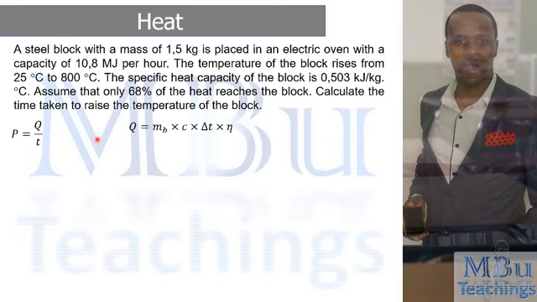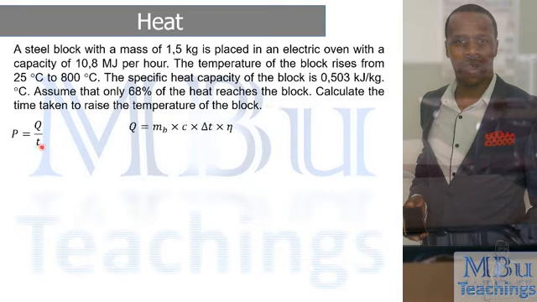Then let's move to, remember, what we want is the temperature. So since we want temperature, we know that we will come back to this formula, because this is the only formula that has temperature in this section. Okay, so we found the power of the stove, but now we are looking for the temperature to raise that block.